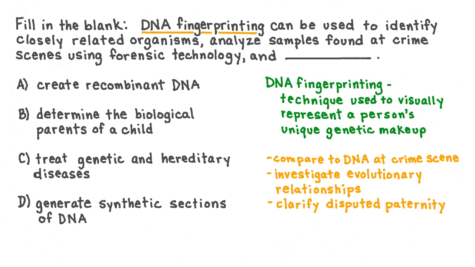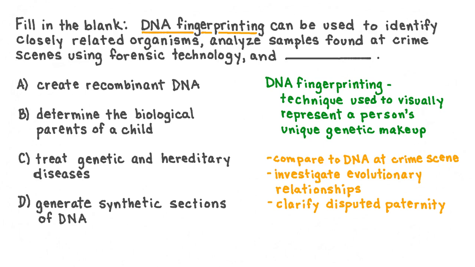DNA fingerprinting can also be used to settle issues of paternity in the case of a disputed lineage of a child. This is because the child will have inherited half of their genetic material and therefore half their DNA fingerprint from their mother and half from their father.